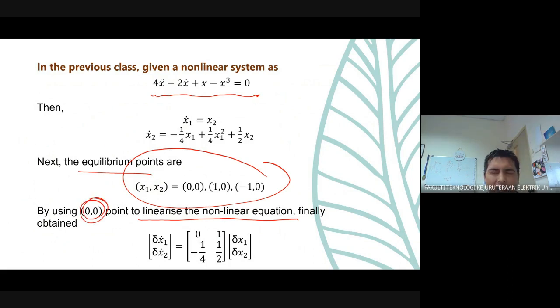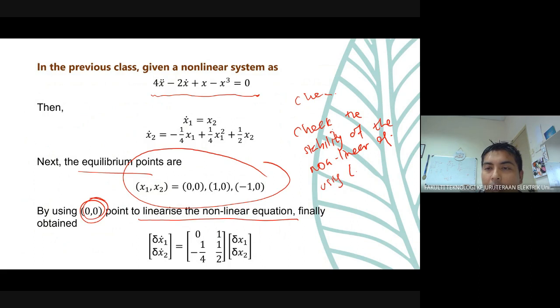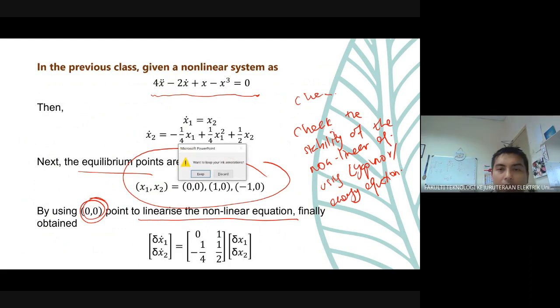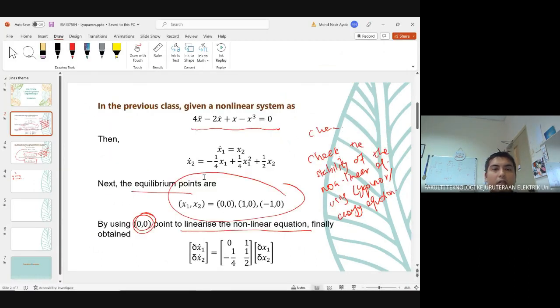And finally, you can check the stability of the nonlinear equation using Lyapunov or the energy equation. All right. Okay, I think that's all for the topic, and also that's the end of the control engineering course too.